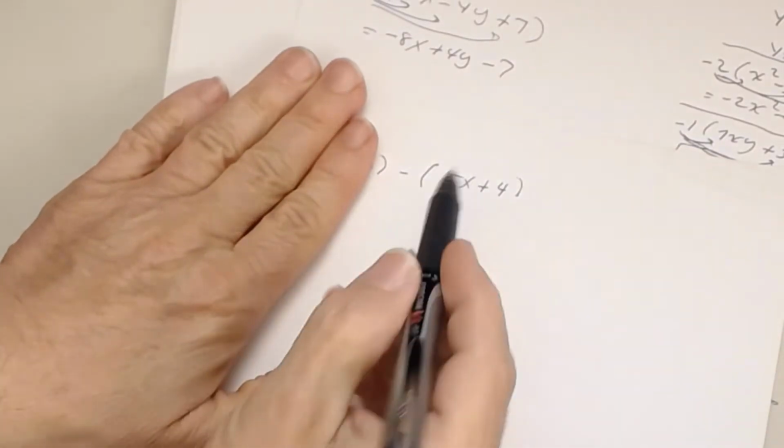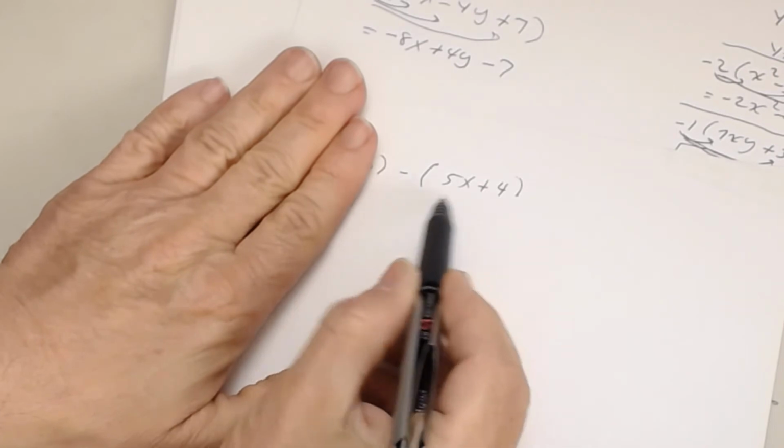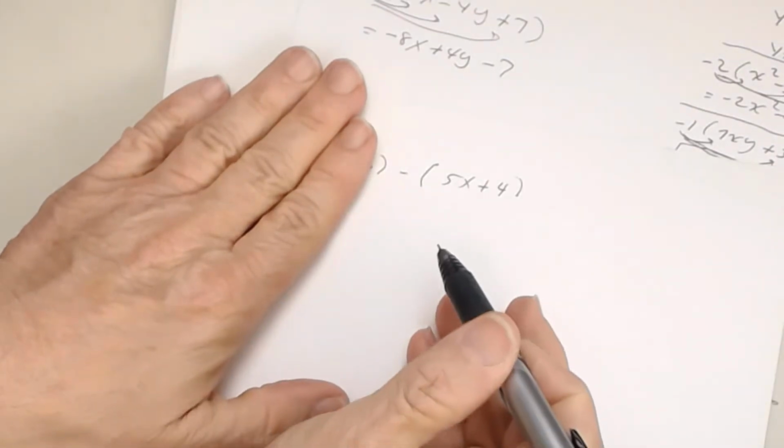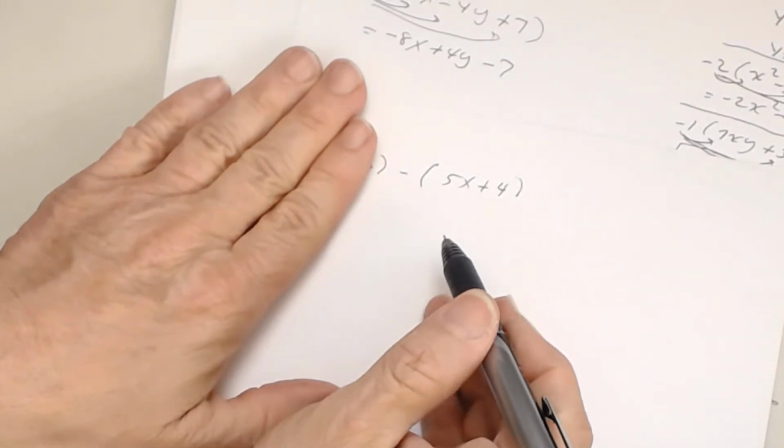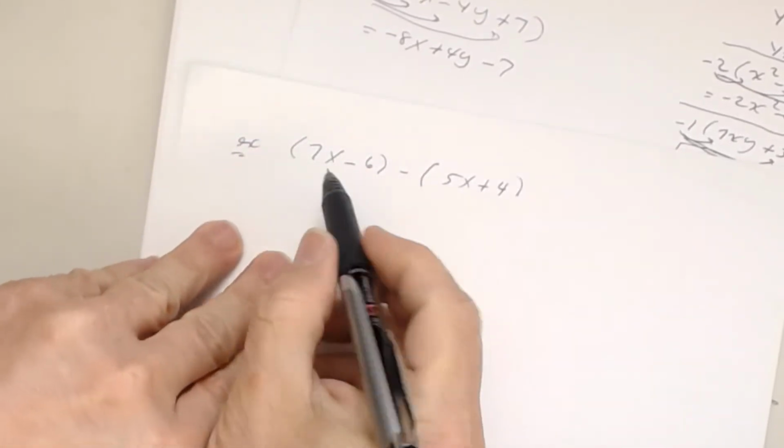All right, so I'm subtracting, right? So a while ago we talked about always changing subtraction. What kind of operation? Addition. All right, and so you can think of it that way. You can also think of it this way. If I cover this part up and I want to get rid of the parentheses, I could just distribute a what? Negative 1. That's what you're doing. So there are multiple ways you can think of this.